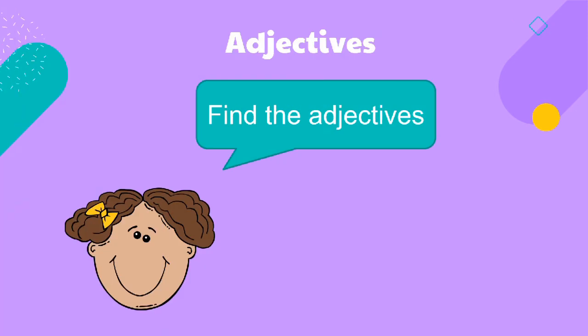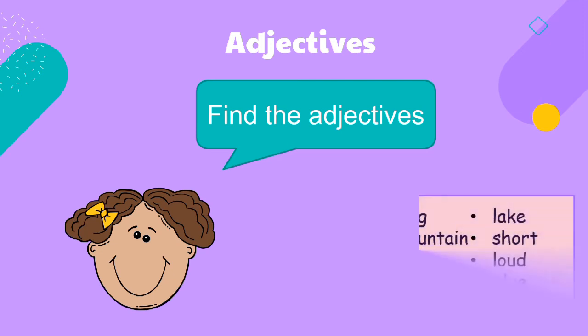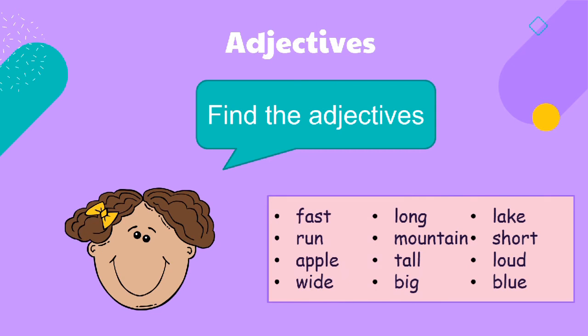Now I've already given you the examples. So now I have a list of words and you have to find the adjective. Tell me, which one is the adjective? Okay. Fast, right? Run.